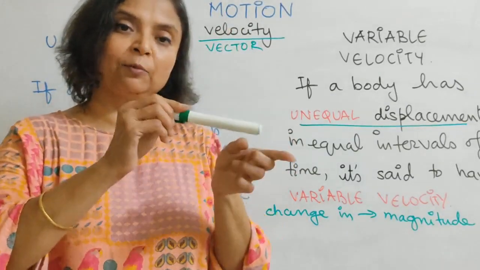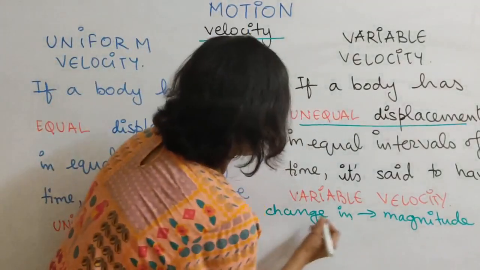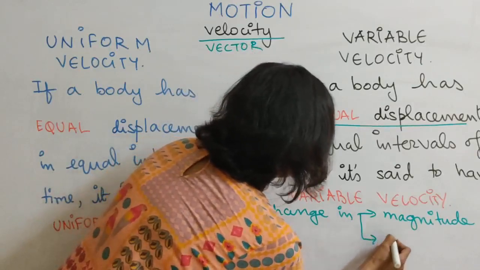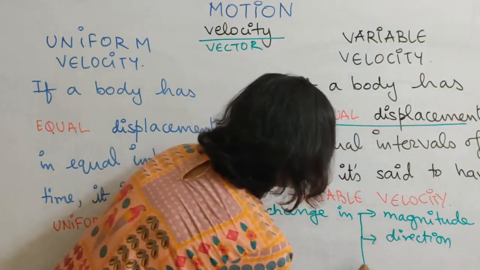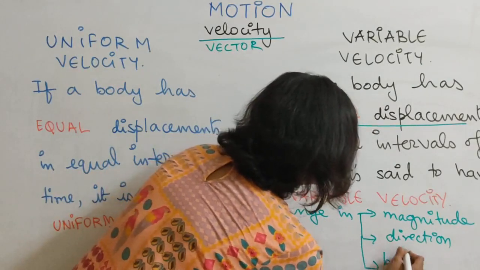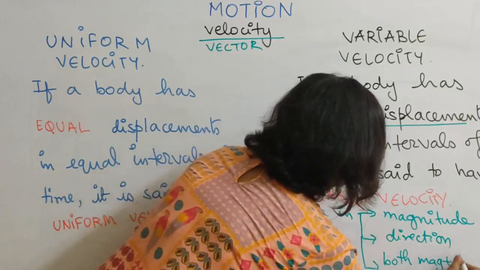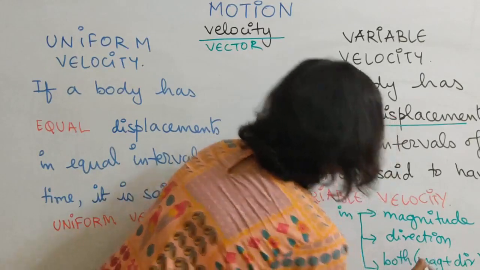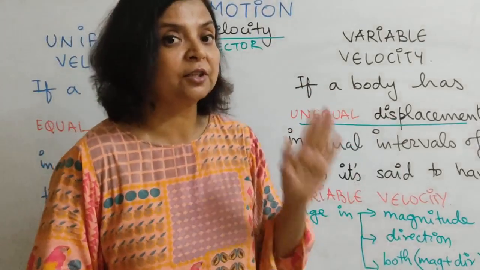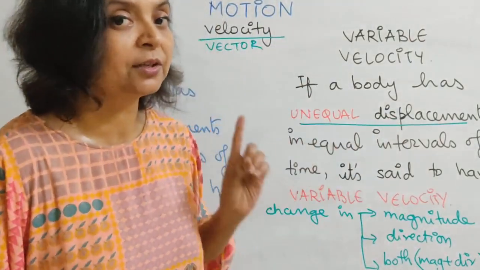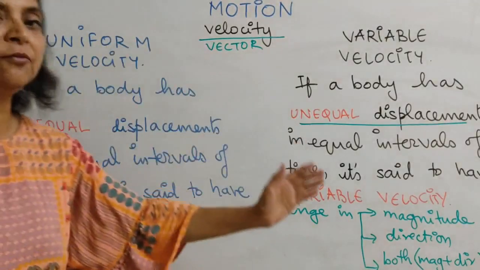I was moving like this, now I'm going down, backwards, upwards, so on, so forth. So it will change if there is a change in direction or there is a change in both magnitude plus direction. So we have to be very careful when we talk about variable velocity. Even if the speed is same, we have to cross check the direction. Okay, so quickly have a look at uniform velocity and variable velocity.